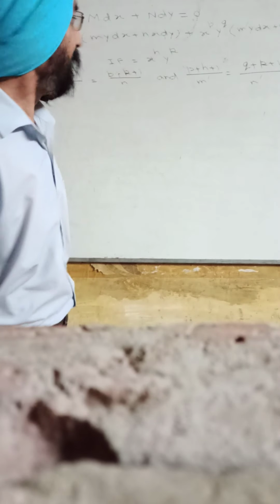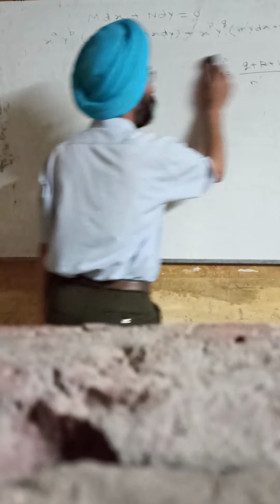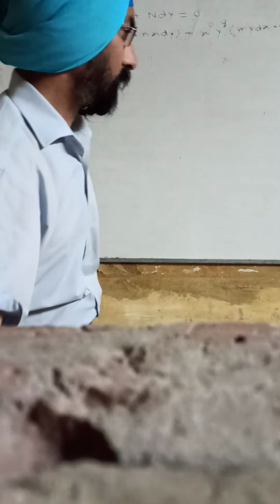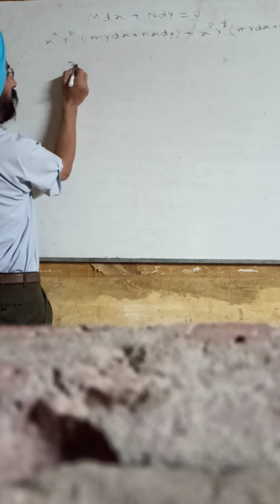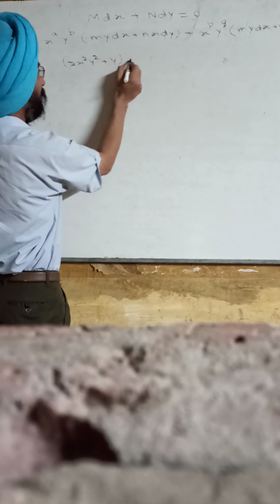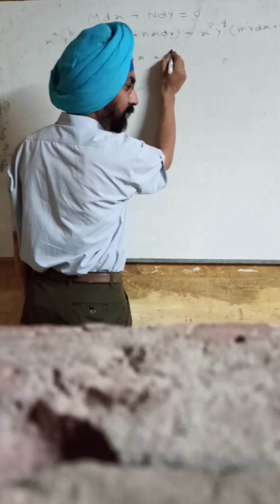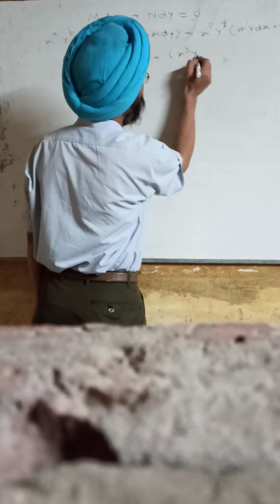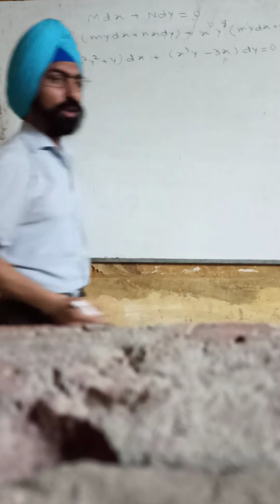So once again, I consider an equation. Write down (2x²y² plus y) dx plus (x³y minus 3x) dy equals 0.